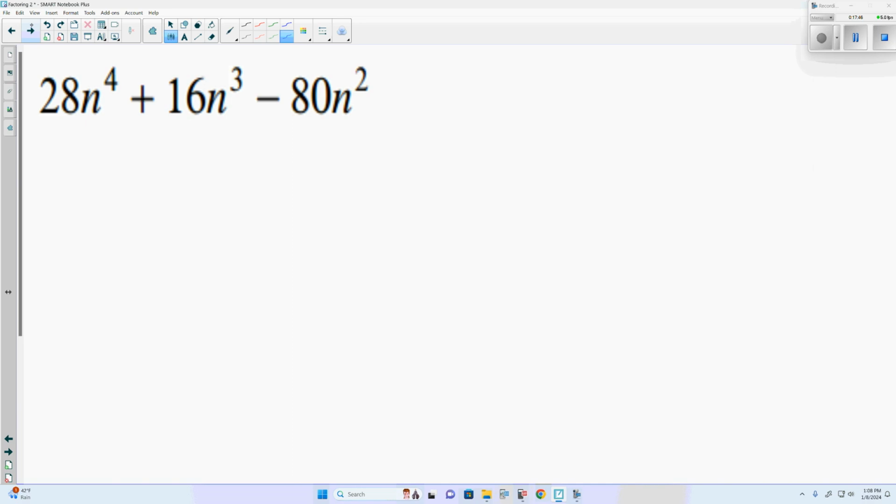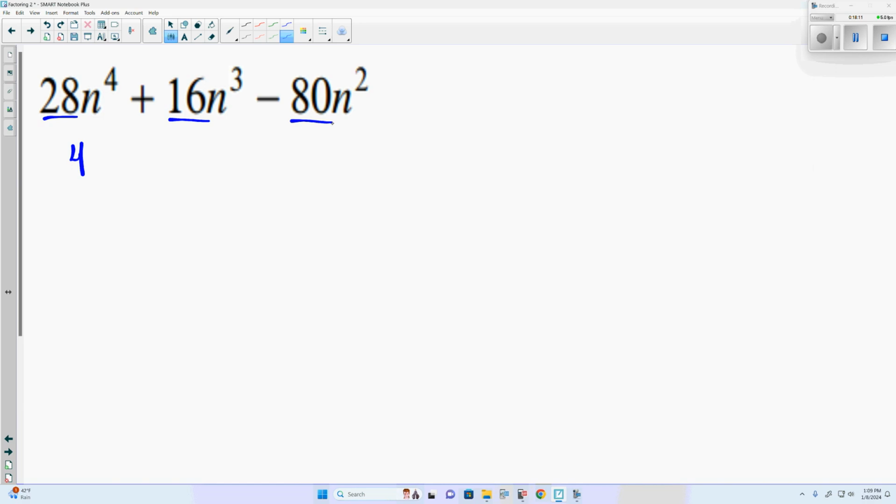Two is a common factor, but I don't think it's the greatest. 4, because 4 will go into 16 and 80. It's hard to go 8 on the 28. So 28, 16, and 80, the greatest common factor is indeed 4.